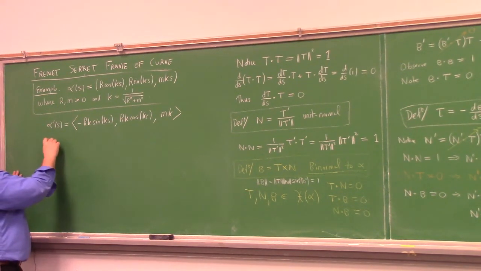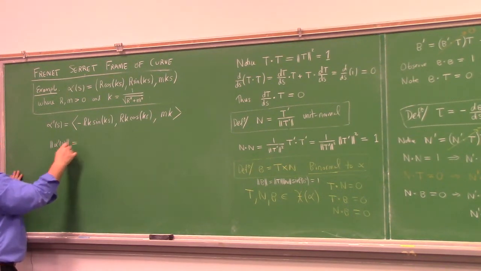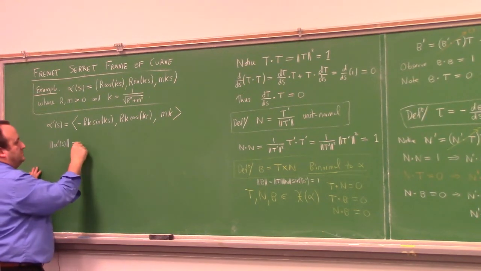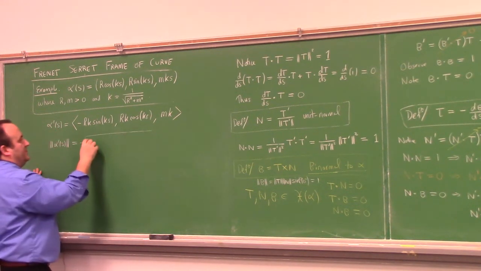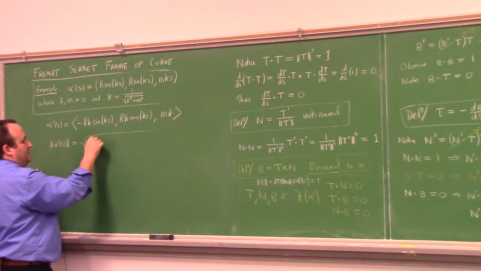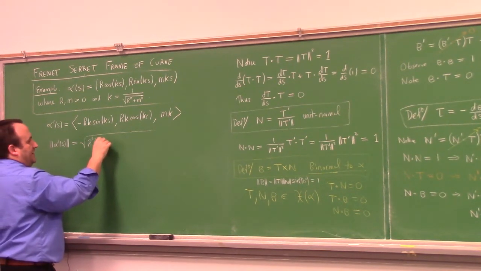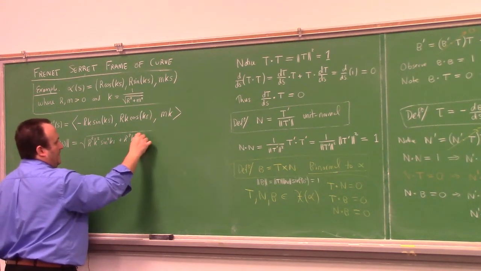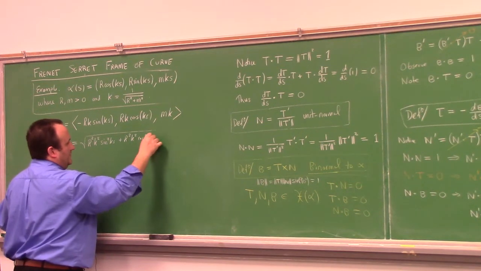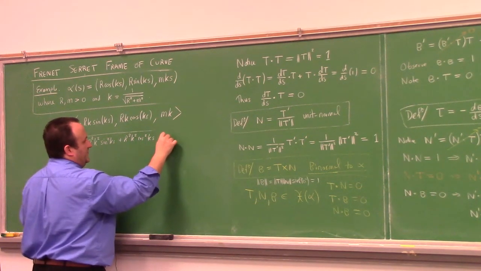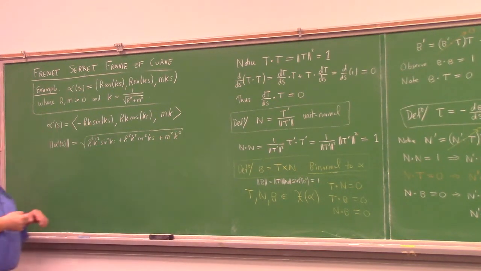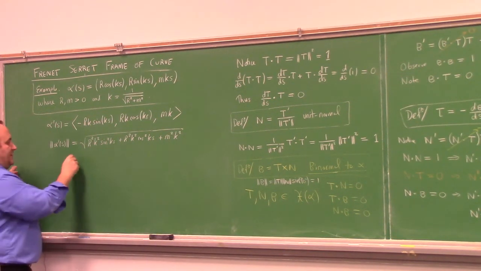And what's the length of alpha prime of s? Yeah, square root of R squared K squared sine squared Ks plus R squared K squared cosine squared Ks plus M squared K squared. What's that work out to?